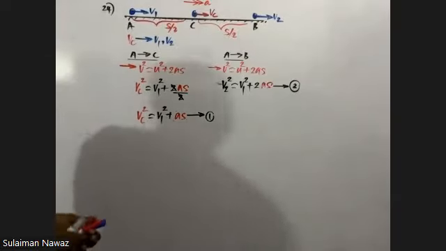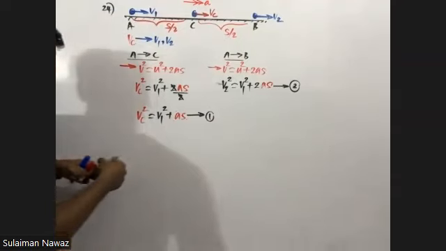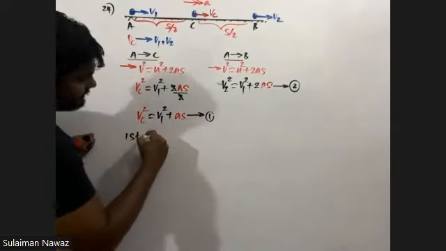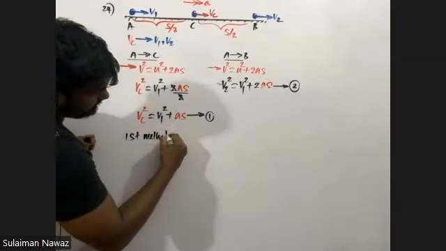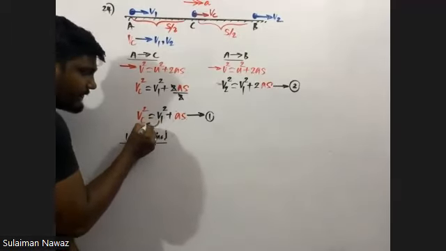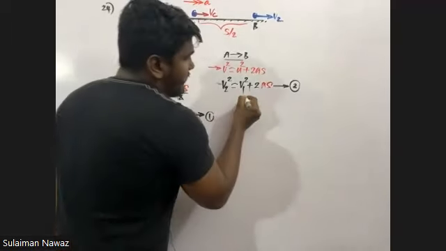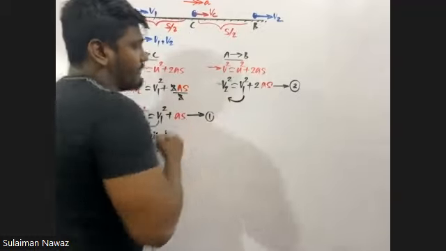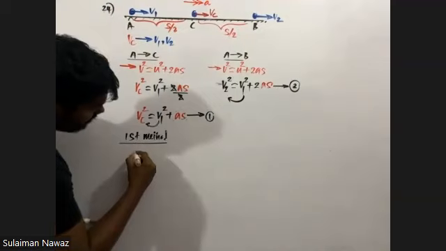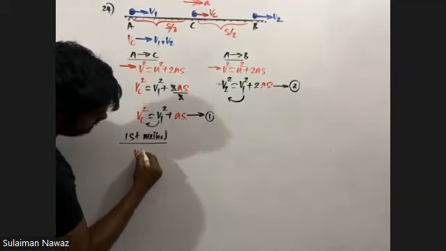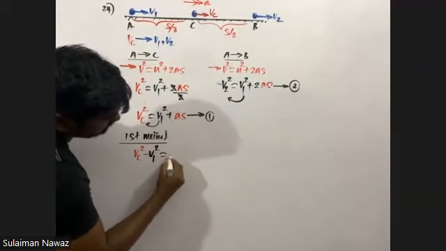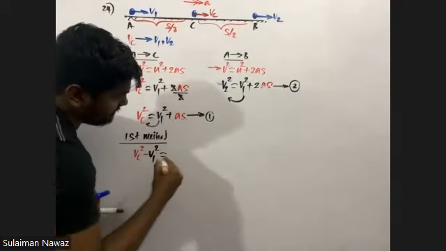Okay. Now look at here. There are different ways. I will go with the first option. The first option has different methods. First method: I can bring V1 squared to the left side. Then I will obtain VC squared minus V1 squared equals AS.